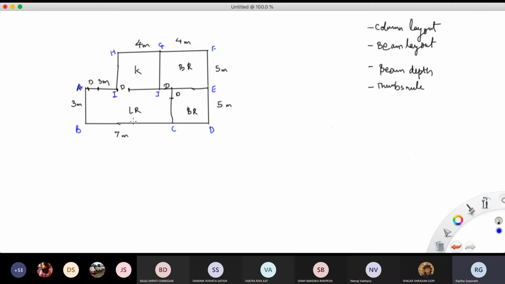Okay, tell me first what we will do is we will place columns. पहले आप बताओ मुझे कहाँ कहाँ पे कॉलम्स आएगा. First thing I am going to do is put columns. Tell me where you want to put columns.